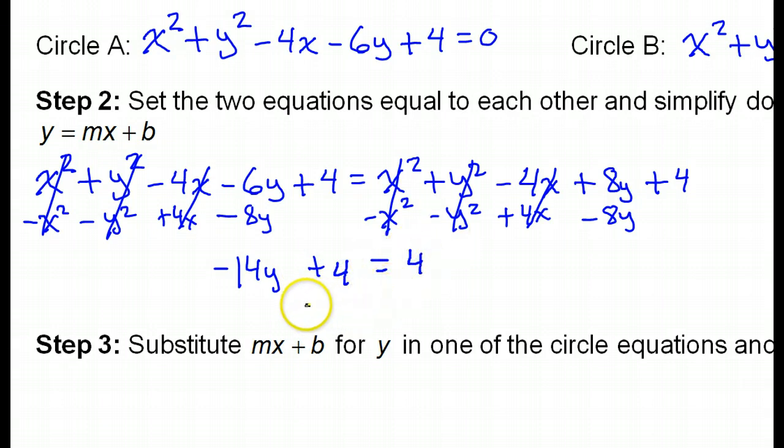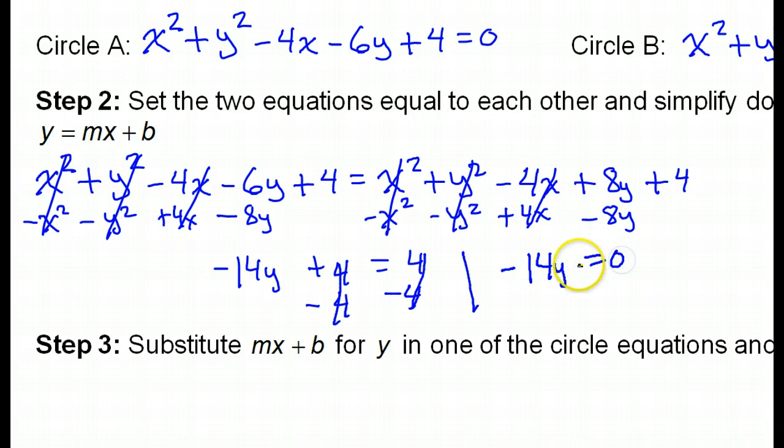So this is kind of a weird one. If I subtract 4 from both sides, not y, if I subtract 4 from both sides, I'm going to get 0. So that gives me negative 14y equals 0.